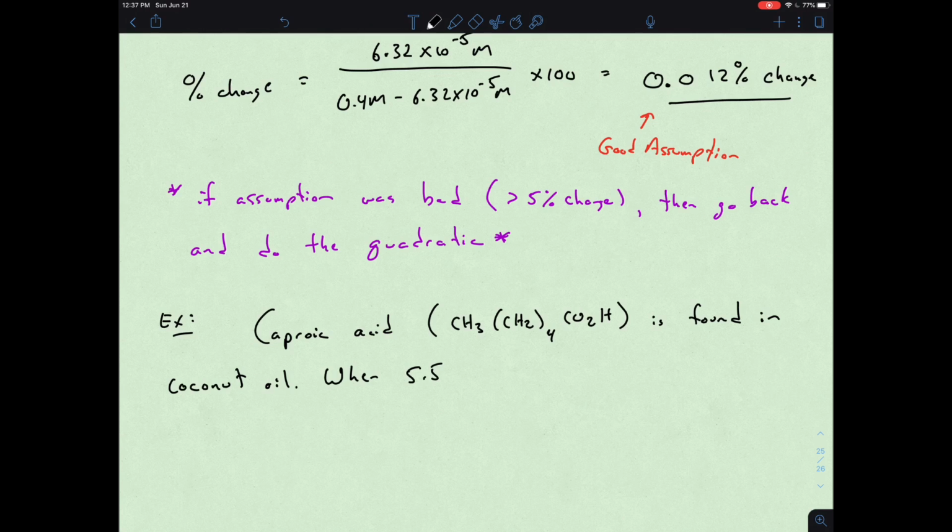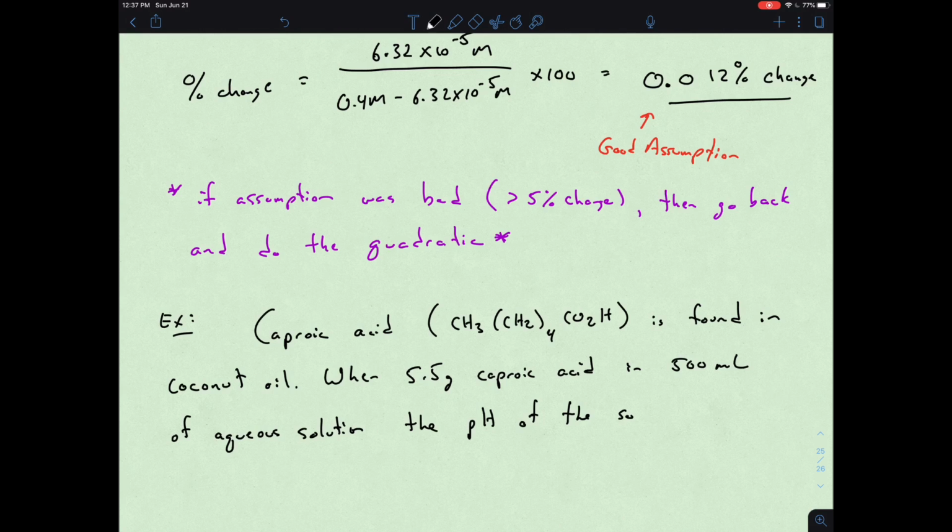When we have 5.5 grams caproic acid in 500 milliliters of aqueous solution, the pH of the solution is 2.94.